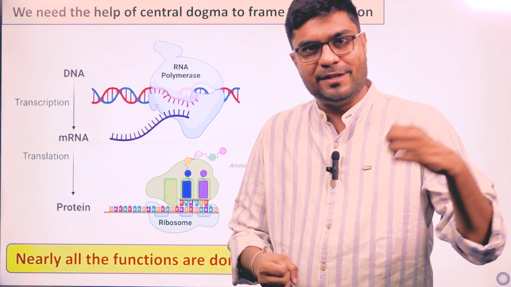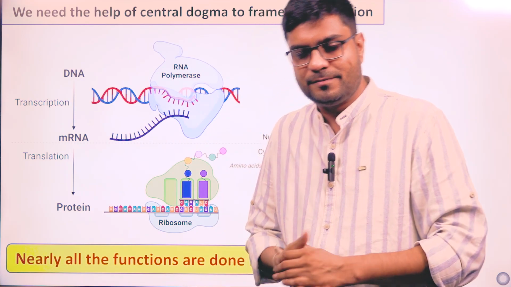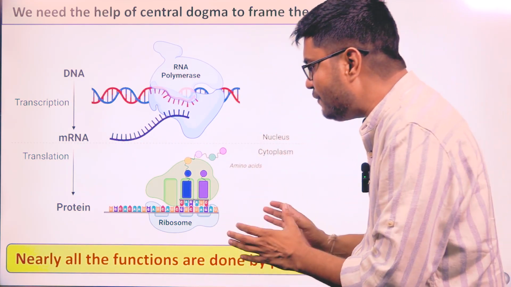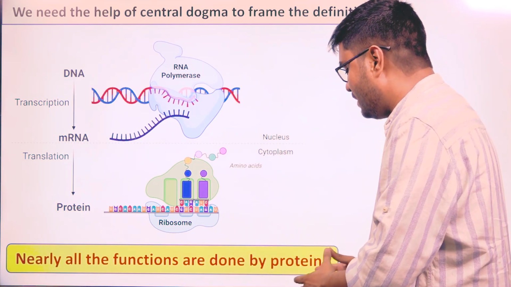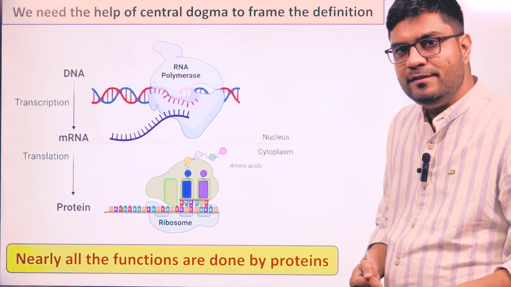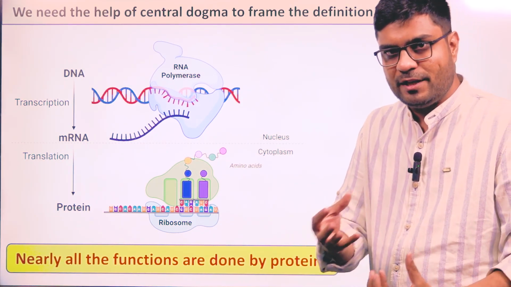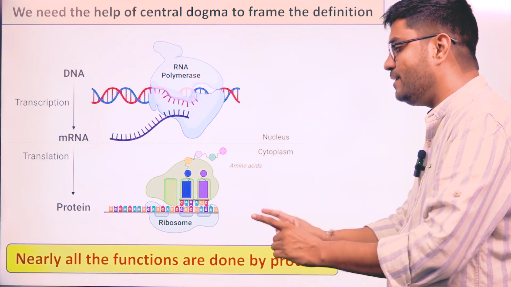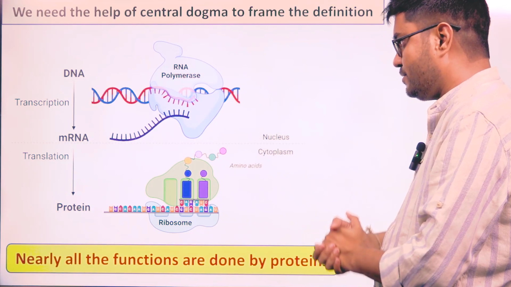A biochemical pathway is occurring because there are enzymes which are proteins. So nearly all the functions are done by proteins, and this is our baseline to understand the logic and concept of phenotype.